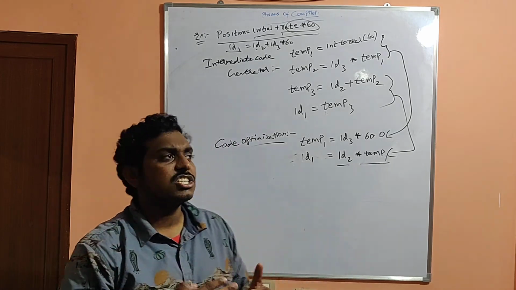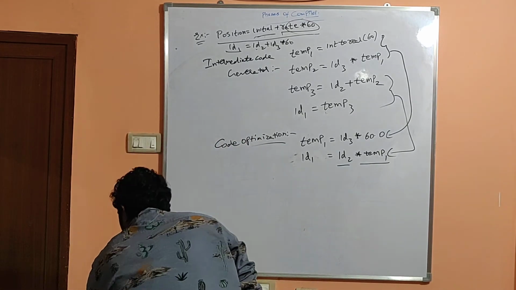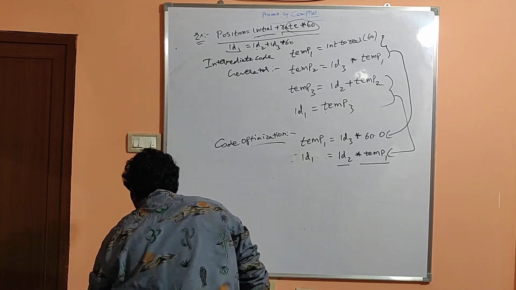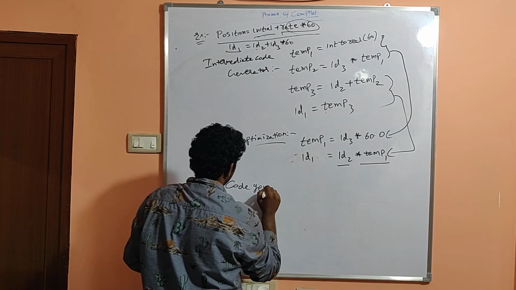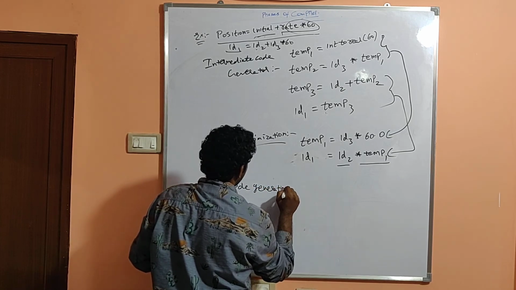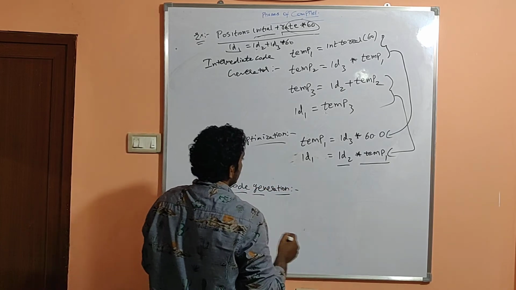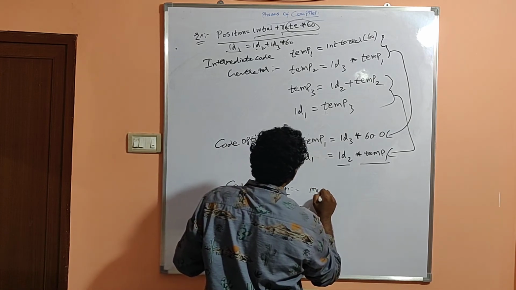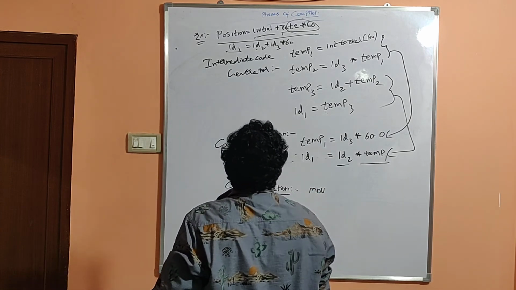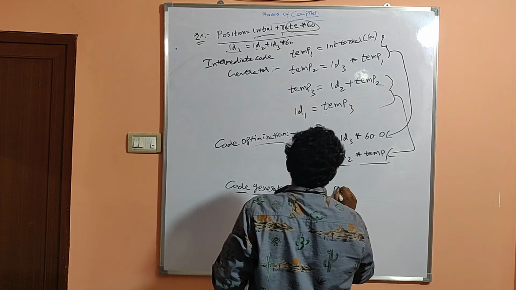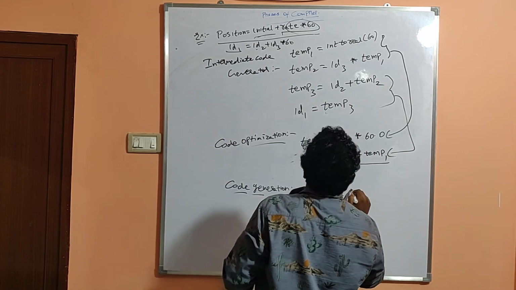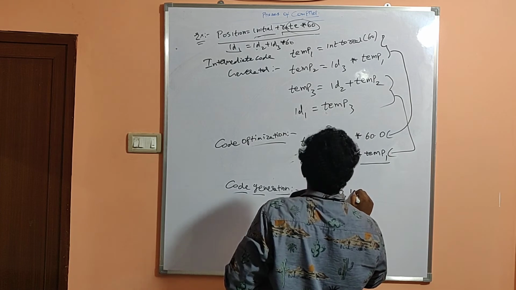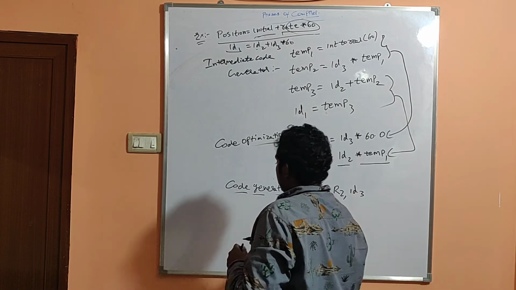The last step in the compilation phase is code generation. So first, MOV R2 comma id3.